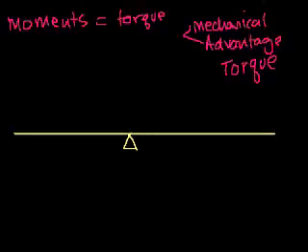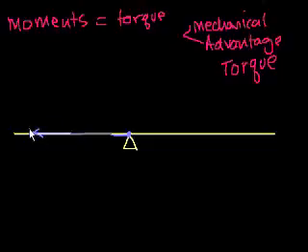The forces we care about, and this was the exact same case with torque because they're essentially the same thing, are the forces that are perpendicular to the distance from our axis of rotation. So in this case, the distance from our axis of rotation is this.